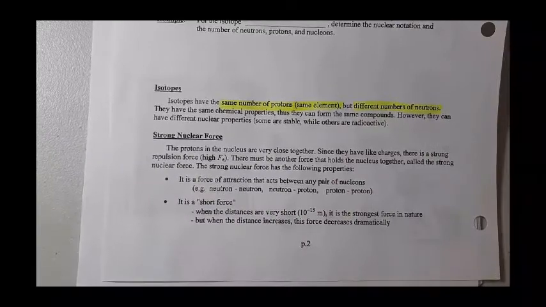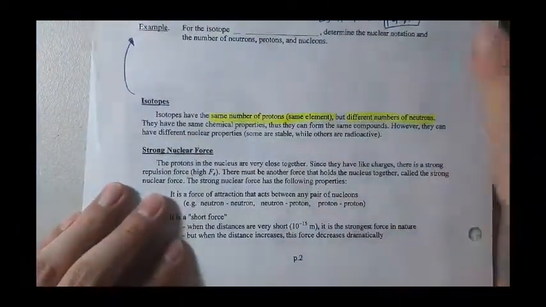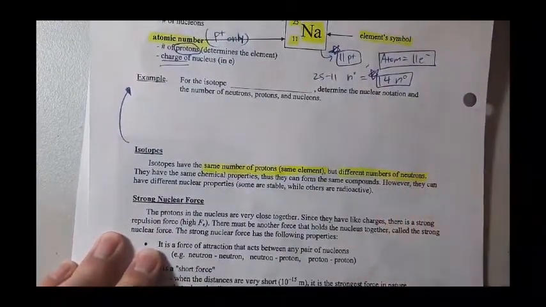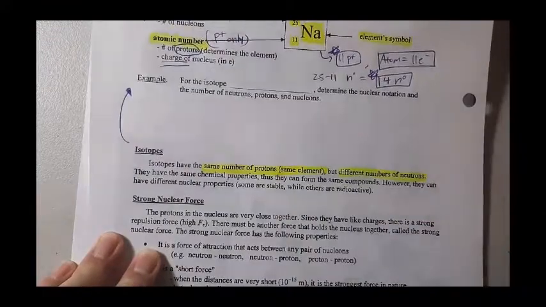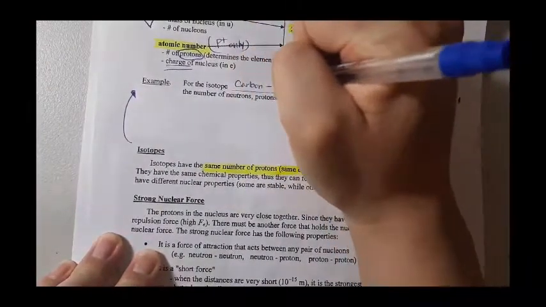And whenever that happens, let's go back to our example over here, we put that different neutron number after the element's name. So let's do this. Carbon 14.